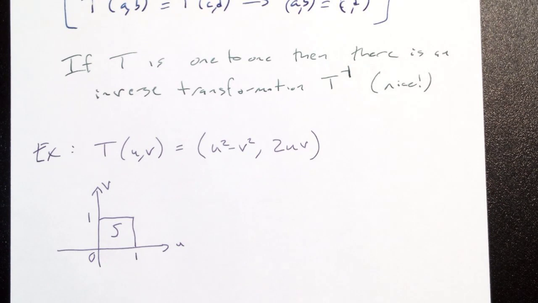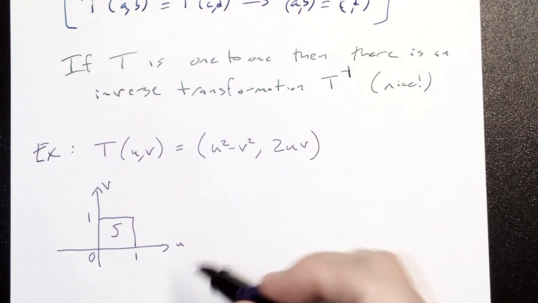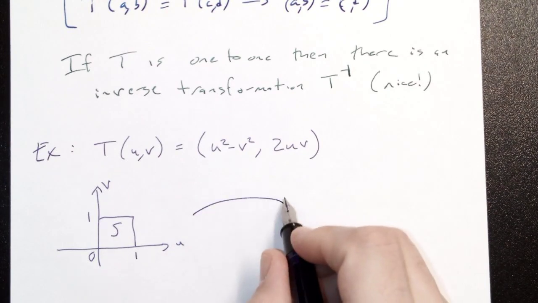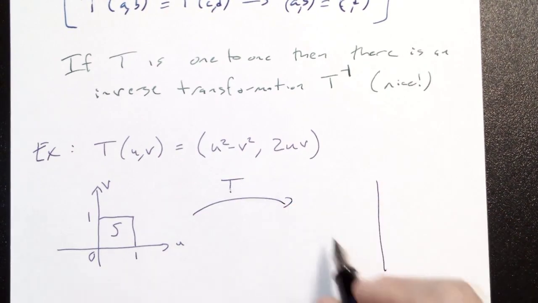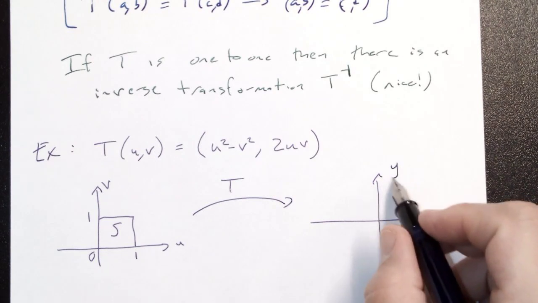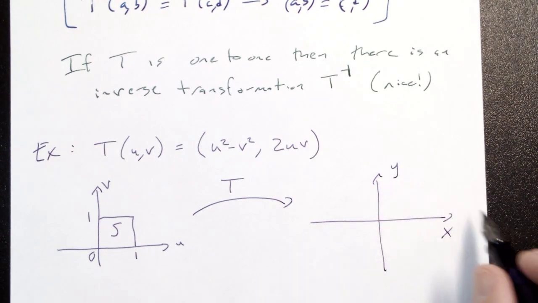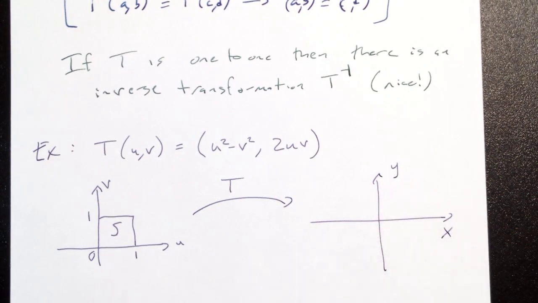Where does this square go in the XY plane? I'd like to draw a picture. How am I supposed to do that?